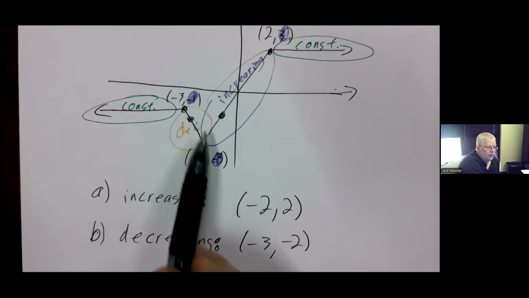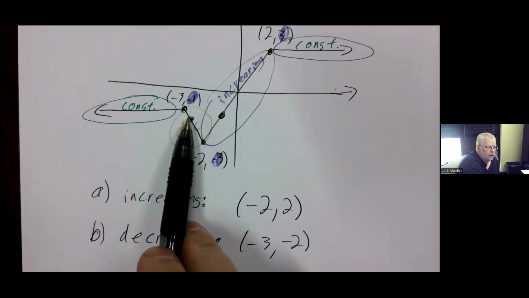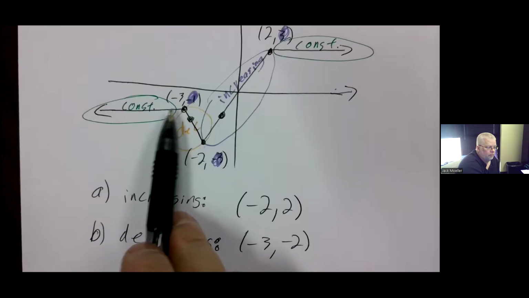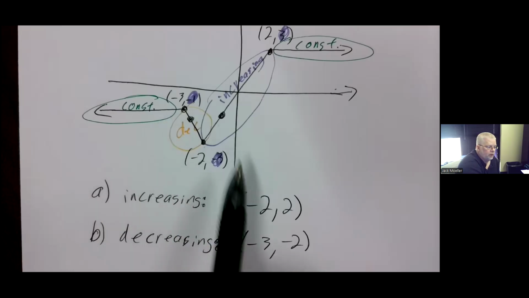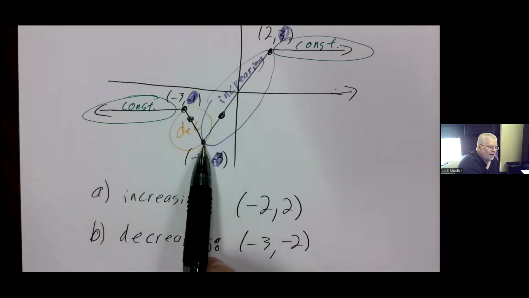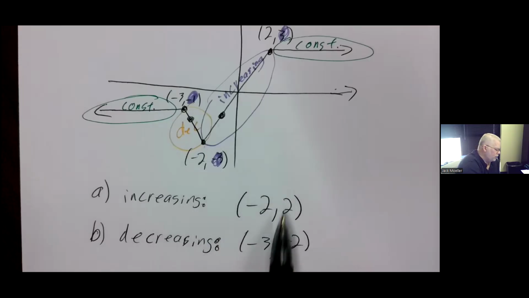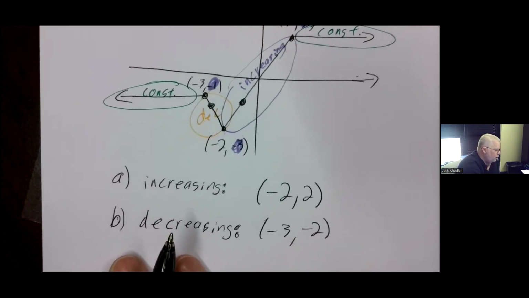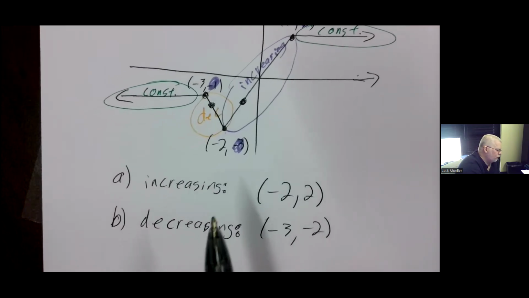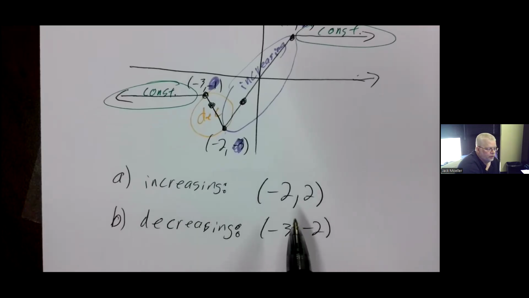But at this point and at this point, it is transitioning from increase, decrease, or constant to the other. So at that point, it cannot be just increasing or just decreasing. That's why we're using parentheses. Okay. So if that doesn't make sense, just try to remember that when you're answering increasing, decreasing, and constant intervals, always use parentheses with every number, plus, positive, negative.